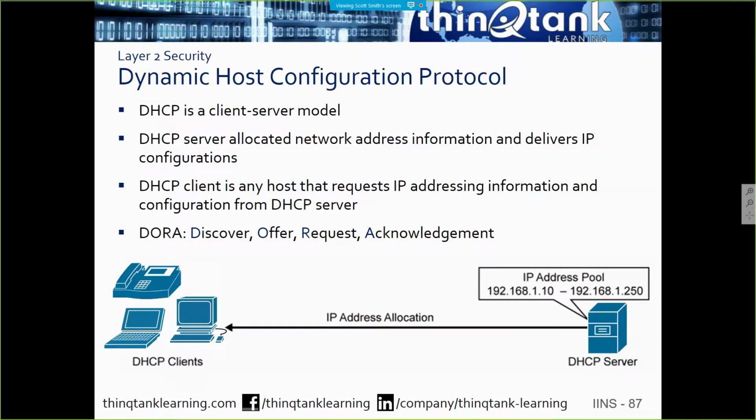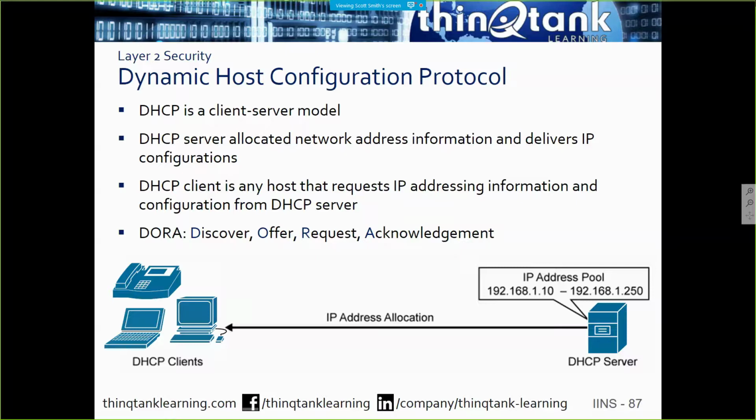Another protocol that is highly susceptible to attack, it's in the layer 2 security chapter, and it really shouldn't be, is DHCP. DHCP is an application layer protocol, but we need to protect against DHCP attacks. DHCP is a client-server broadcast-based model. Obviously, we know what DHCP does.